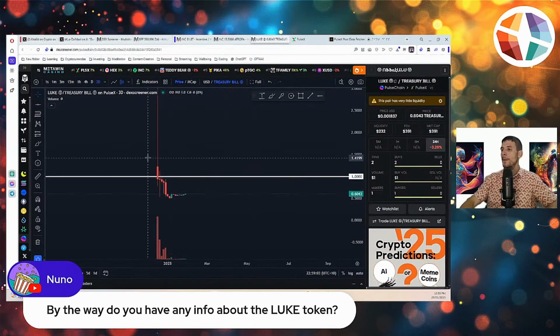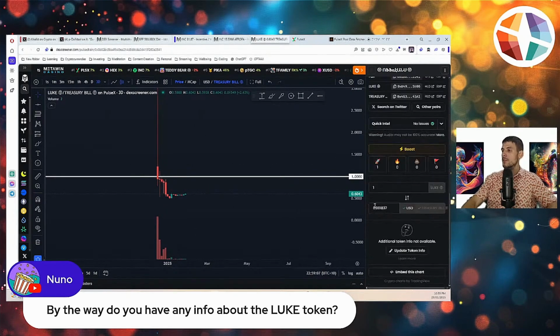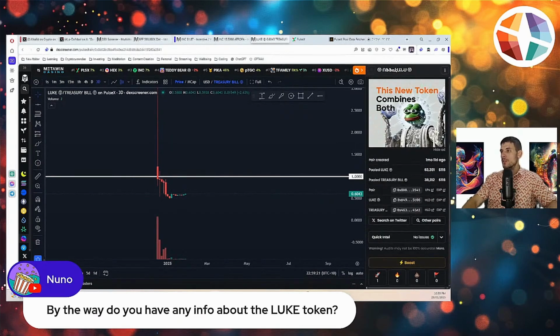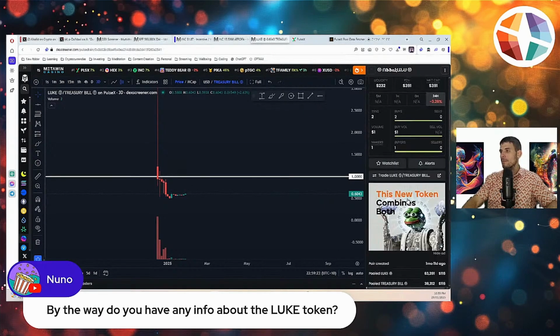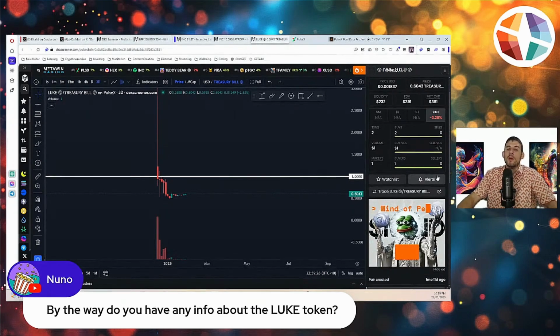So at the moment, Treasury bill, we can see, is stronger. So one Treasury bill is equal to 1.65 Luke. So in other words, you would swap your Treasury bill for Luke. There's like no liquidity here, so you would end up having to be the one that makes the liquidity. There's 232 liquidity, so you could end up becoming the owner of this particular liquidity pool.